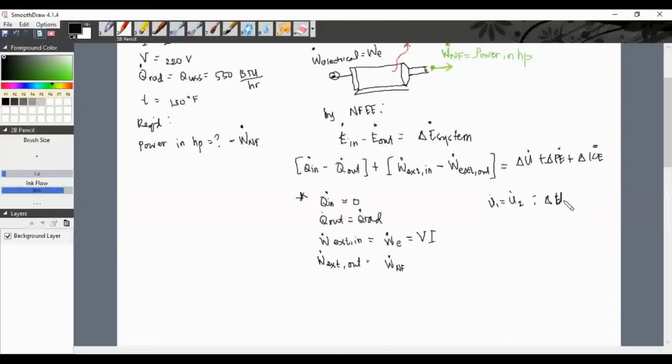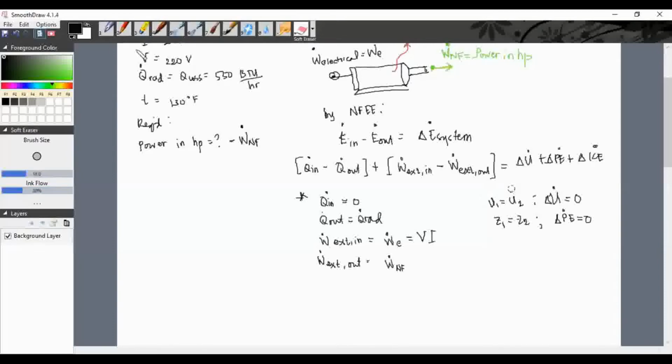In internal energy. So, wala pong change. Again, wala rin nabanggit tungkol sa saan? Sa elevation. Assume natin equal lang yung elevation. Thus, we have delta PE is equal to 0.